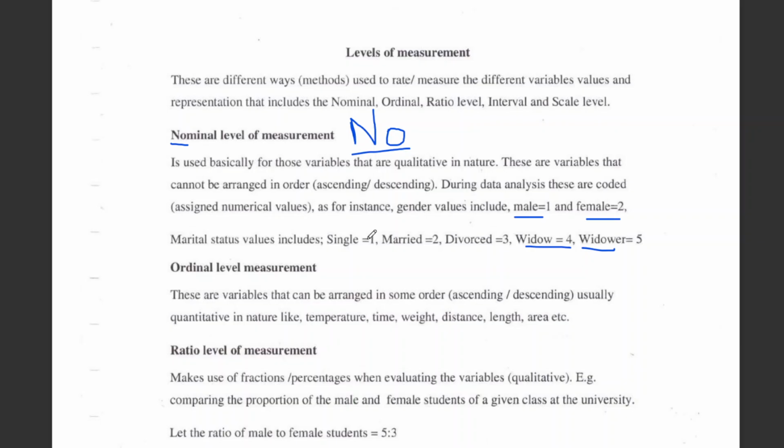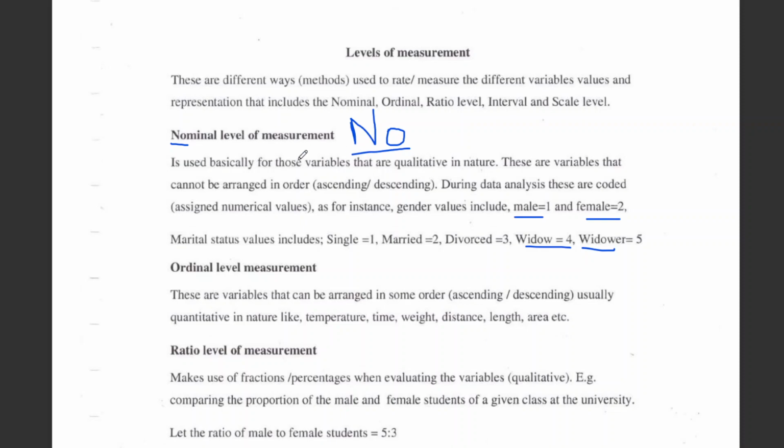So you realize that even if a system has to put single as 1, married as 2, they have no order. This one is not first, second. So there is no inherent order. Nominal level of measurement is basically for those variables that are qualitative. You are either male, female, booked, not booked, divorced, non-divorced, married, widow, and all that.